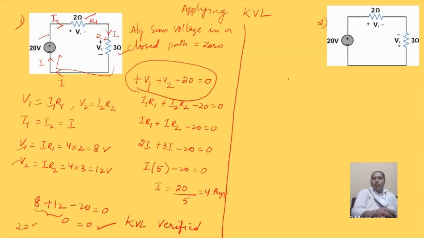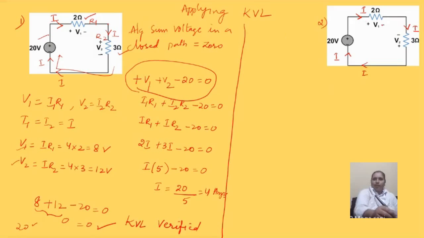Now moving on to the next problem, that is the second problem. Here you can observe that the voltage for V2 is minus and plus. By using the same principle, we are going to write the equation and check what is the difference between these two circuits depending on the signs. So what is the equation?